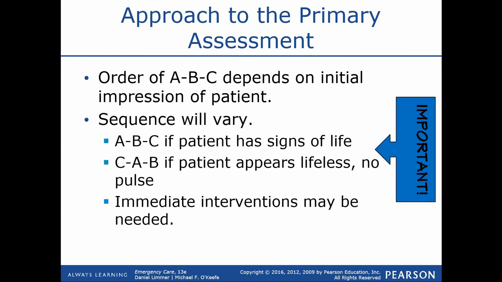If you walk up to a patient, you first identify any scene hazards, make sure that the scene is safe. From there, then, if they're unresponsive, they're not talking or responding to anything that you do, you check a pulse. And that pulse check is part of the circulation component. Assuming that they don't have a pulse, you immediately begin compressions.